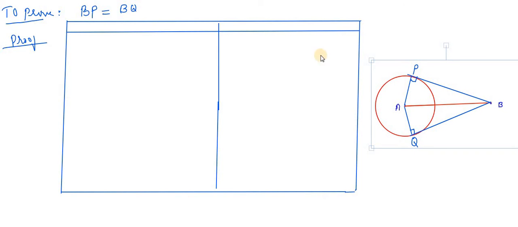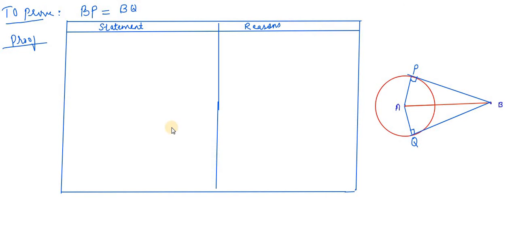By looking into the diagram, we need to solve this. So the first line is your statement, and for each statement you give, you need to give the valid reasons.